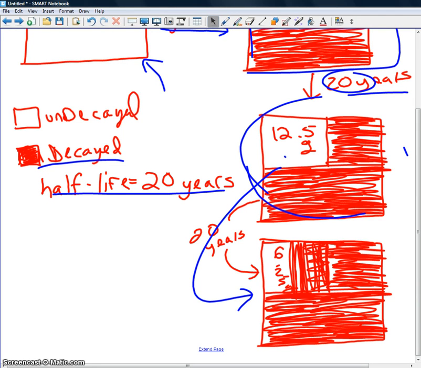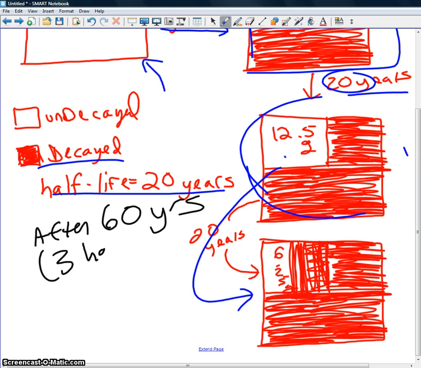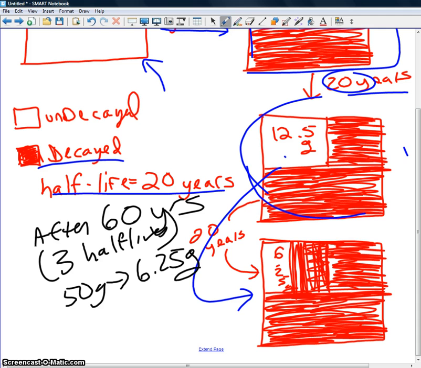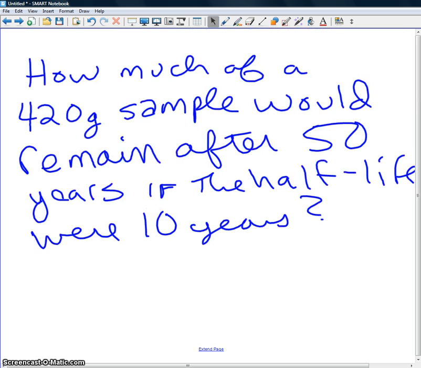So on net, we would see that after 60 years, which is 3 half-lives, it goes from having 50 grams down all the way to 6.25 grams. And so that's an example of how this would work.